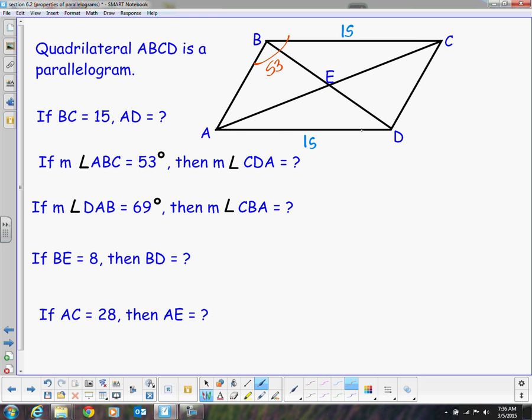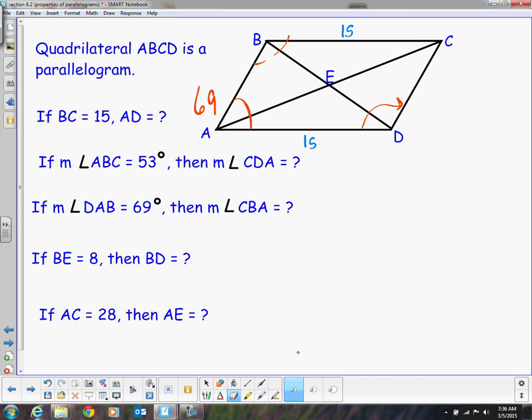Kayla S? 53 degrees because opposite angles are congruent in a parallelogram. If DAB, if this one is, and I don't think I did this very well. Oh, this is a new problem. It does not build on our 53.